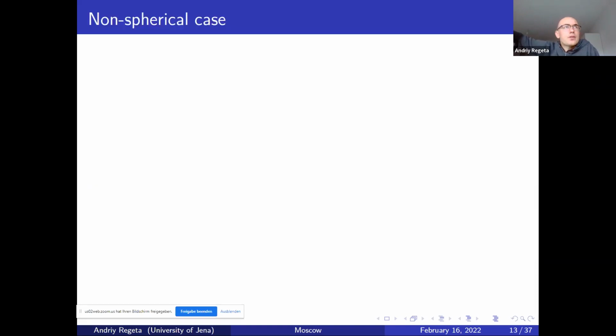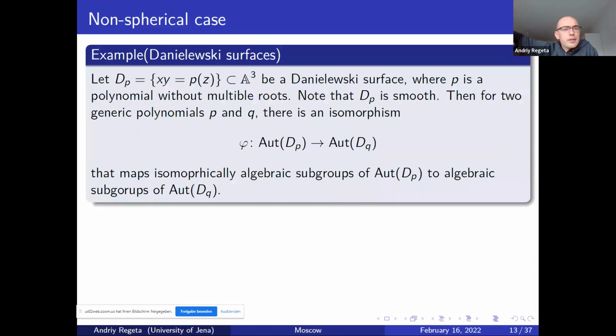Non-spherical case. I would like to tell you one example, namely the Danilevsky surface. Let me define dP as a surface in A^3 defined by the equation xy = p(z), and let me assume that p has no multiple roots.